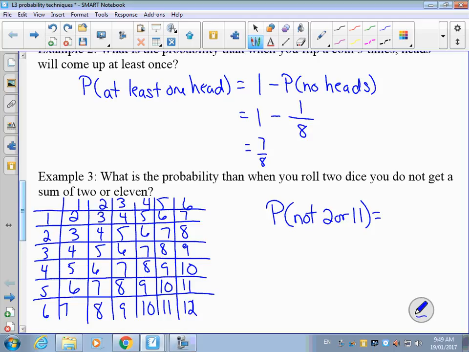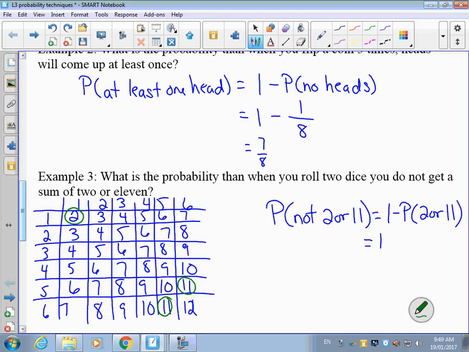Okay, there's my possibilities. So not a 2 or 11, that's a lot of options when I look at the table and my outcomes. So it might be easier to take 1. I'm not sure why my board just made my 1 look like a 7. It might be easier to take 1 and subtract the probability of getting a 2 or an 11 because there are less of those events. Because there's 1 two, and there's only 2 elevens.